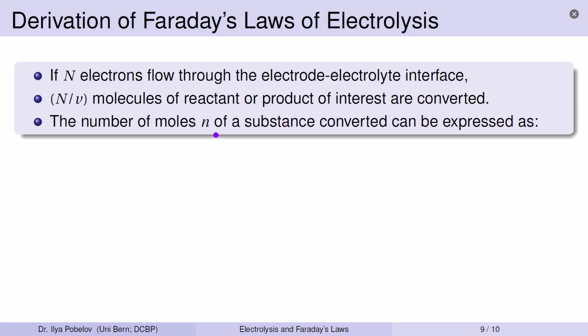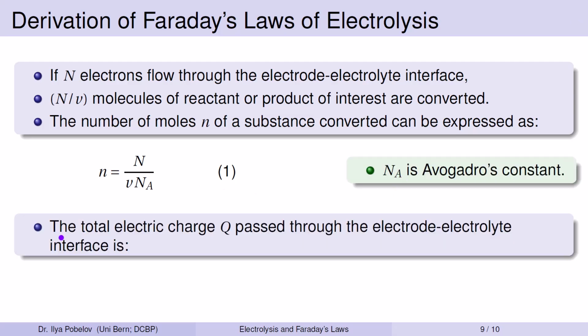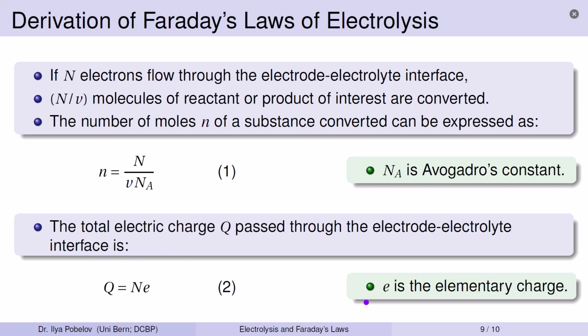The number of moles of a substance converted can be expressed as N over v times N_A, where N_A is Avogadro's constant.